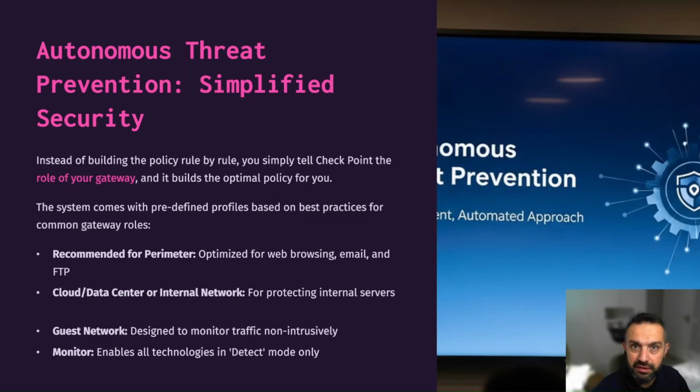The philosophy here is simplicity and continuous protection. If custom threat prevention is a manual toolbox, autonomous is like a smart self-driving security system. Instead of building the policy rule by rule, you simply tell Checkpoint the role of your gateway, and it applies the best policy for you.